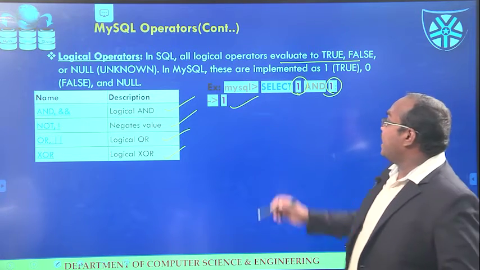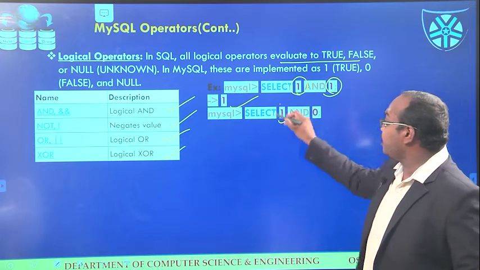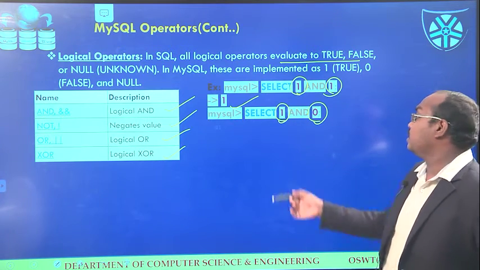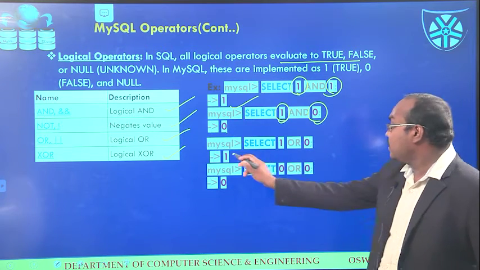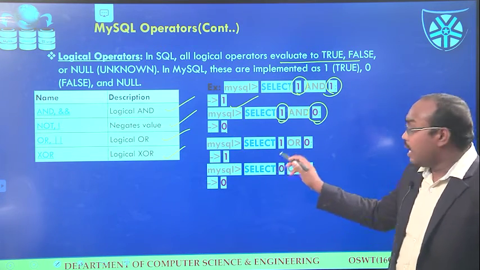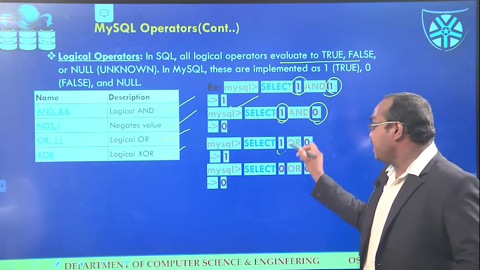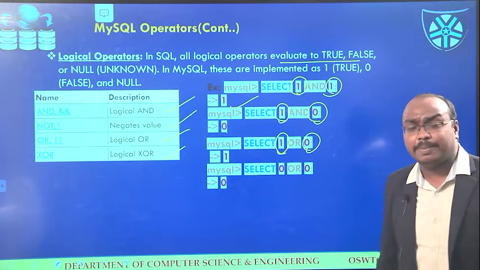And the next one, select 1 AND 0. Here the first value is true and the next value is false, so the final result is automatically 0. And the next one, I am applying the logical OR operation. Here I am taking the first value as true, and the next 0. 0 represents false.